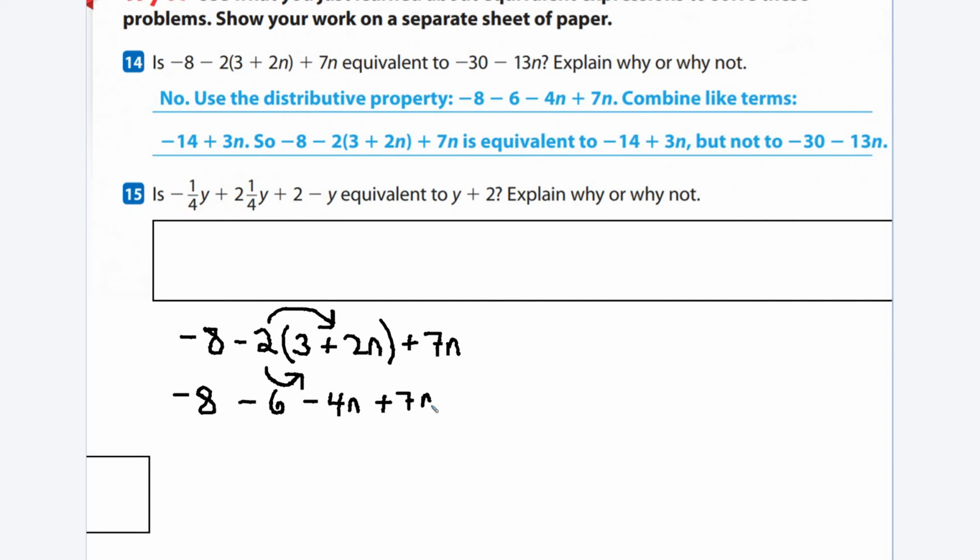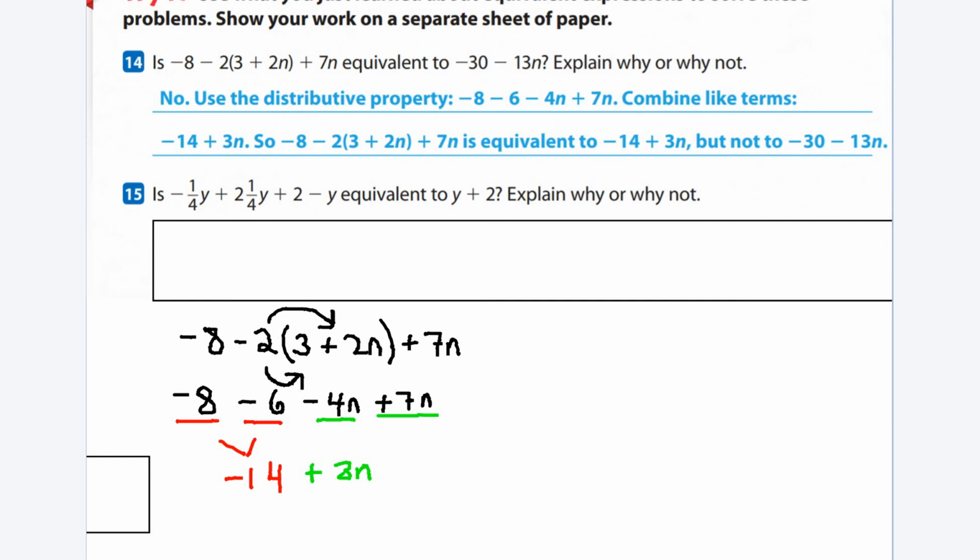Now I got to look at the like terms. And I like to use different colors for the like terms. Negative 8 and negative 6 are like terms. Together they combine to make negative 14. Alright. And then the other ones, negative 4n plus 7n, will give us positive 3n.